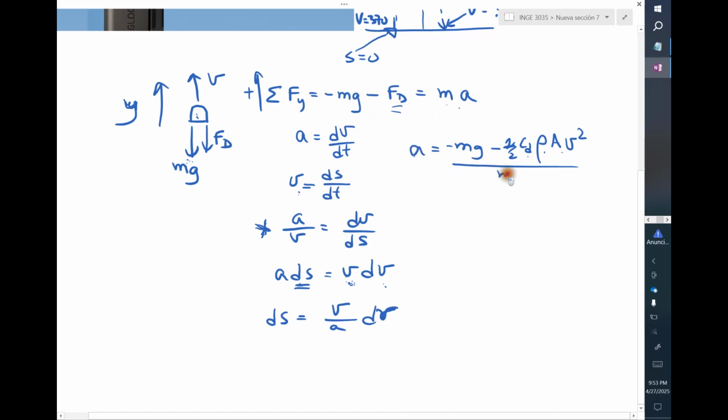Dividing by m, we end up with a equal to negative g minus 1/2 times the coefficient of drag, the density of air, times the area, times the velocity squared, over m.